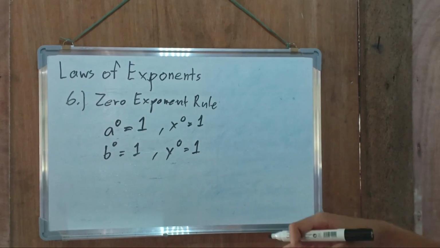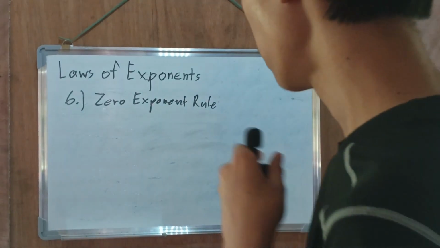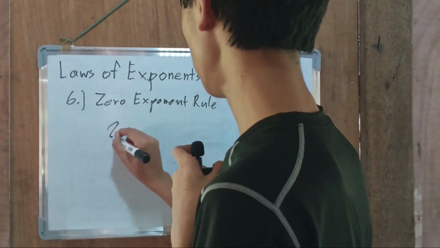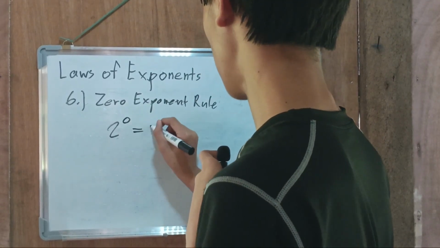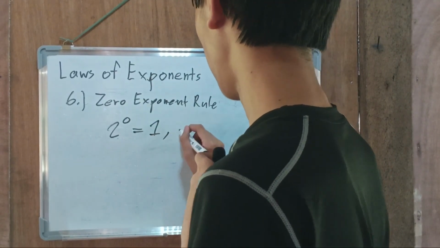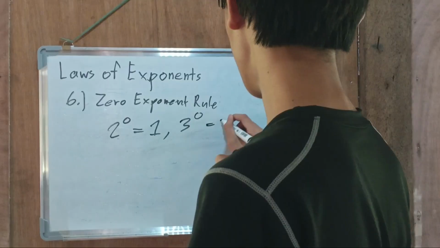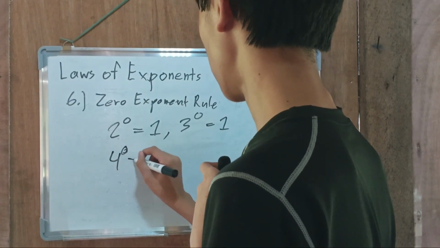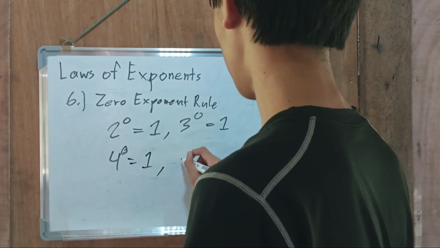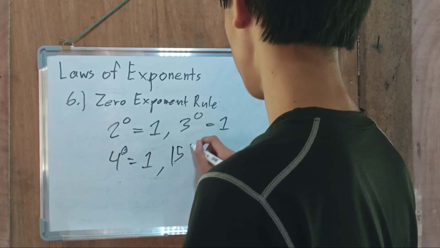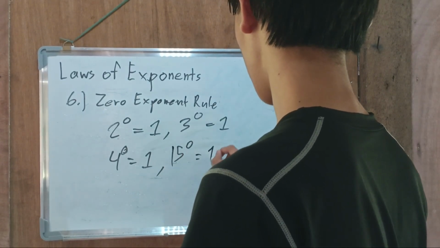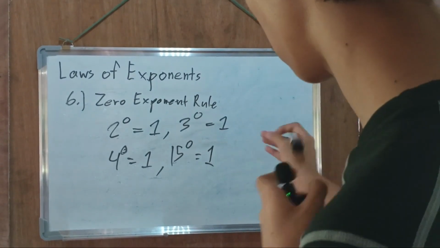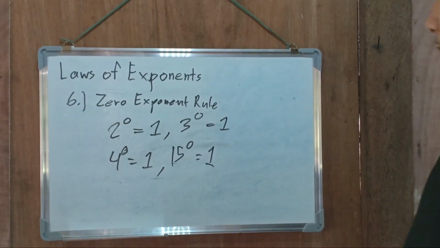Also, for a constant, 2 raised to the 0 power will always be 1, and 3 raised to the 0 is always 1, and 4 raised to the 0 is always 1. And then 15 raised to 0 will always be 1. Any number that has a degree of 0 will always be 1. So I'm gonna move on.